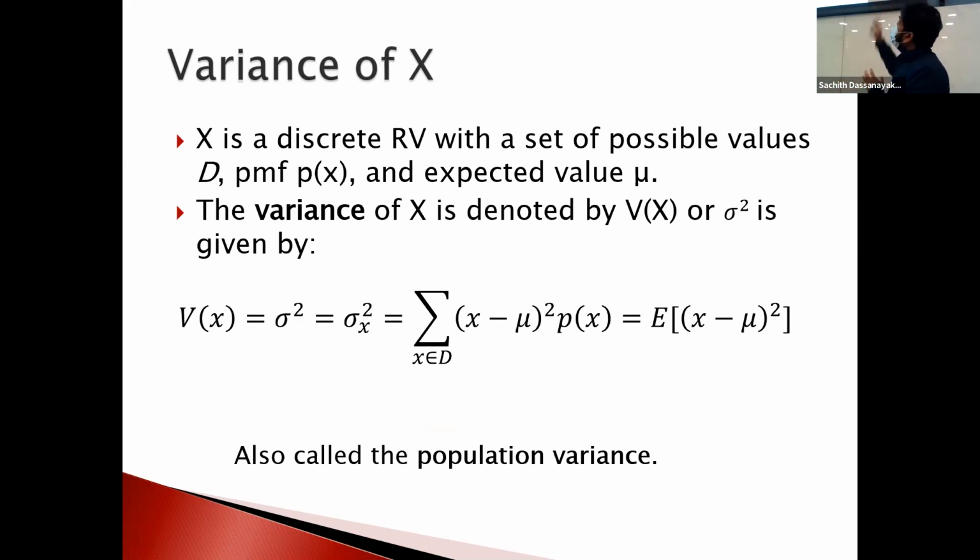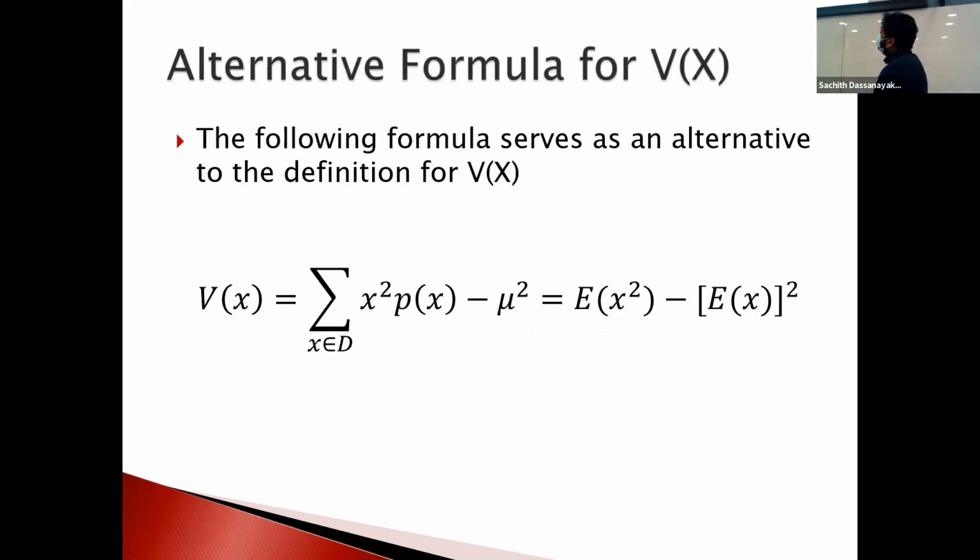Or you can use the expected value of (X minus mu) squared. You take each xi minus mu, square it, and at the end take the expected value. How to get the expected value? That part times its probability of xi. Remember that? We will have a few examples later.